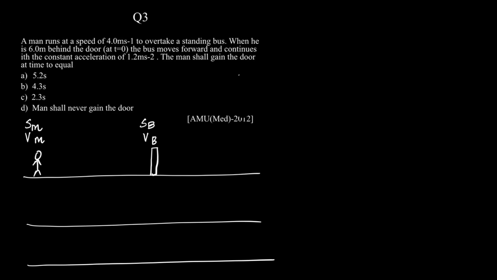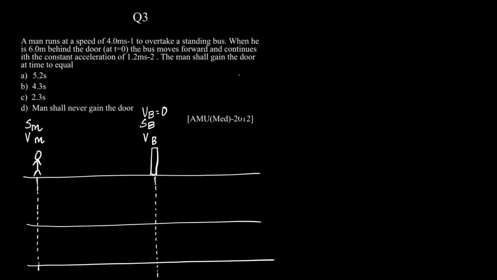Okay. So what happens is, initially the bus is at rest, so the initial velocity of the bus is zero. Here the acceleration of the man is 0, which means the man is moving with a uniform velocity of vm. So what happens after some time? Let me mark this as the man's position for reference and this as the bus position for reference.